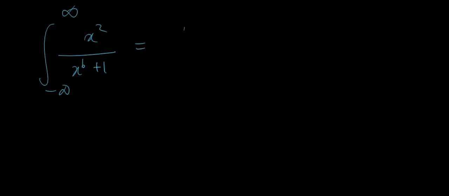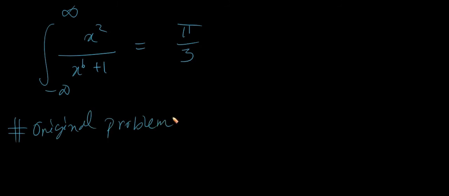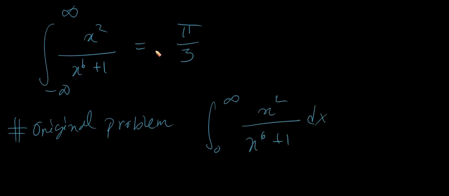So we finally have this result. But the integral we originally considered, the original problem, was to find out the integral from 0 to infinity of x squared over x to the power 6 plus 1 dx.